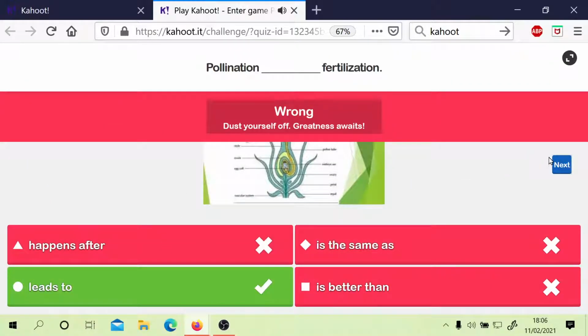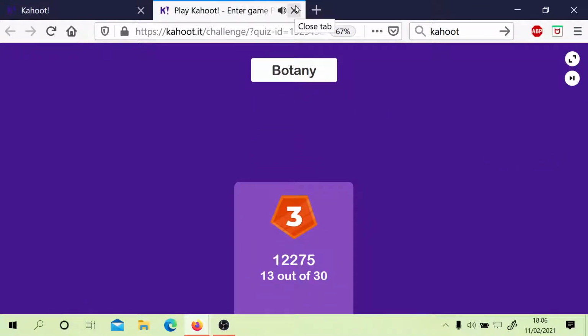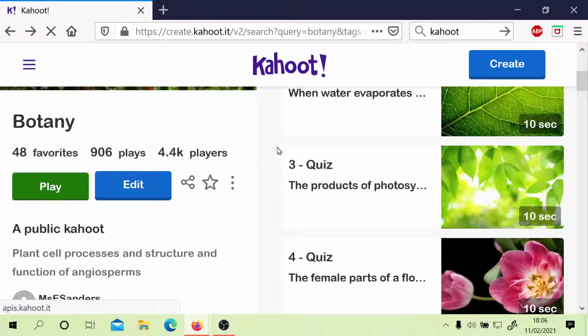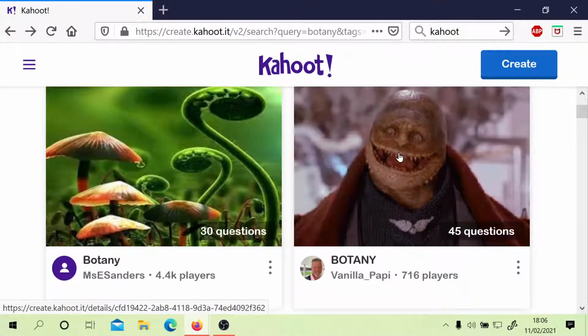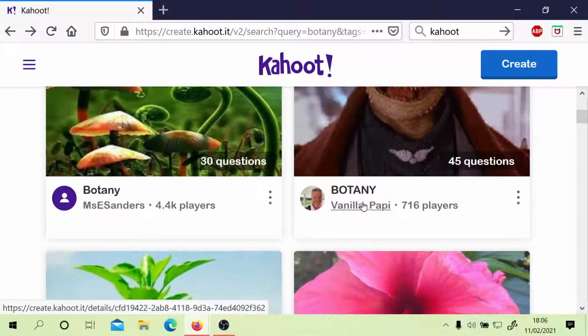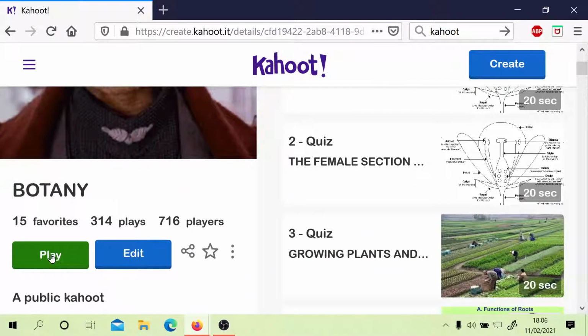Yep. Not great. We'll do one more botany one. Why not? What is going on here? I'm curious to see what on earth is going on in this one. Let's go.